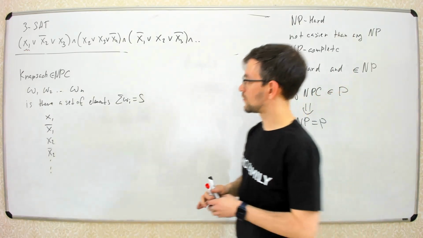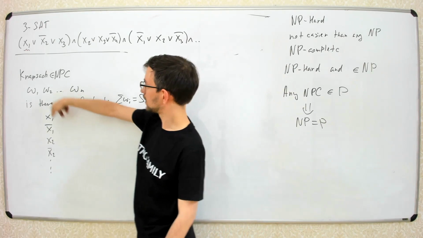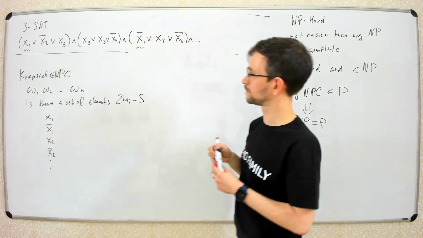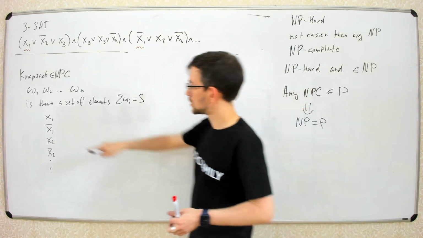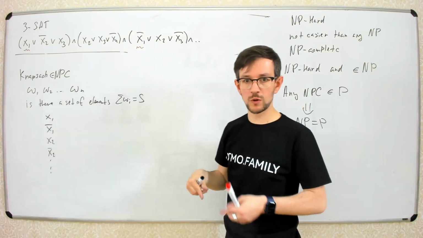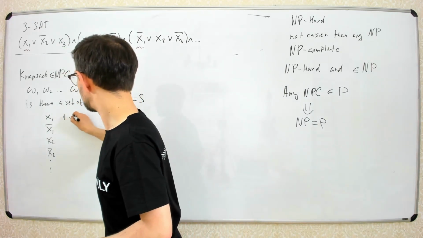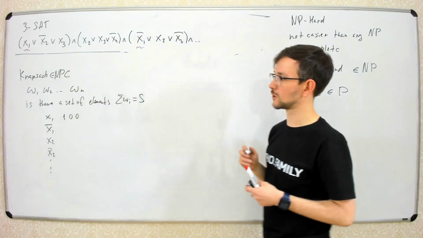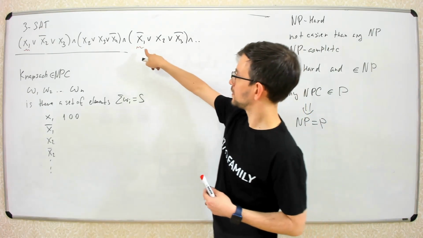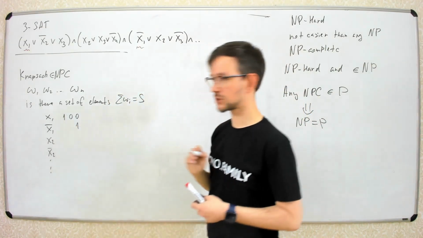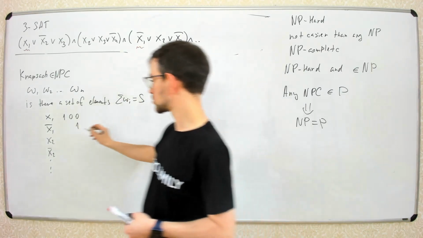So we look at the first variable. The first variable appears here and here. So in this first element, we will make the first digit equal to 1, and all other digits equal to 0. And here we have not x1, so we will put 1 in this position, and all other positions will be 0.